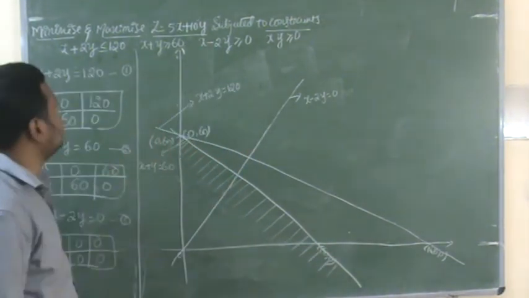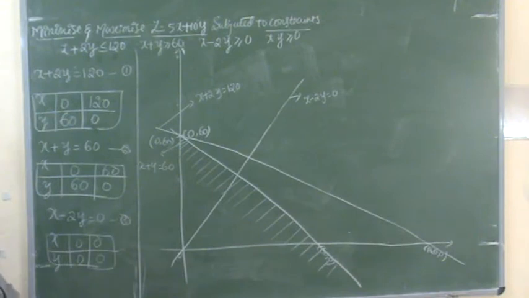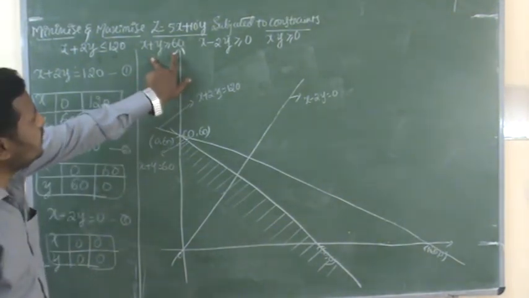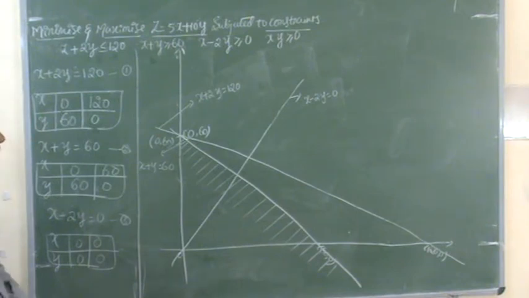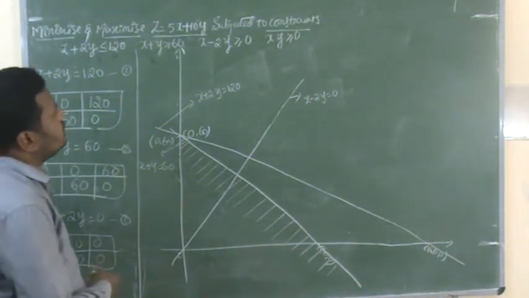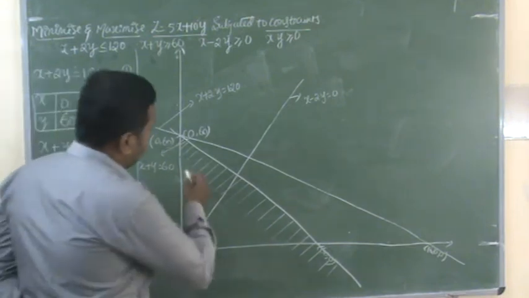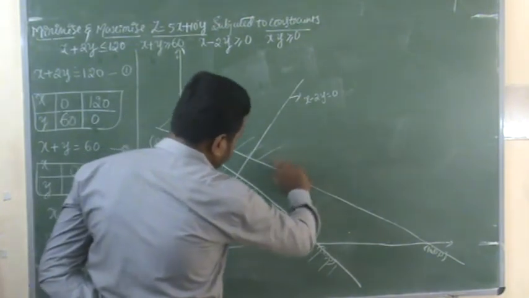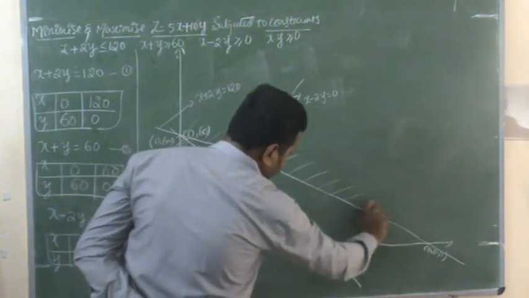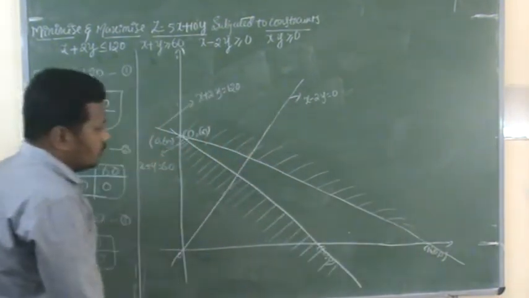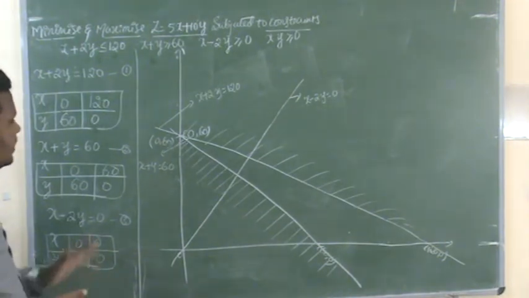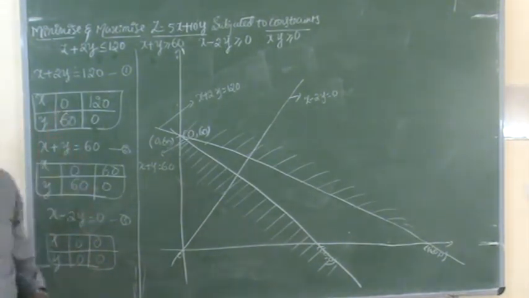For the second inequality, x plus y is greater than or equal to 60. Putting the origin gives a false statement. Therefore, the shading for the second line moves towards this side. Now, the origin side, I think this is the greater than.